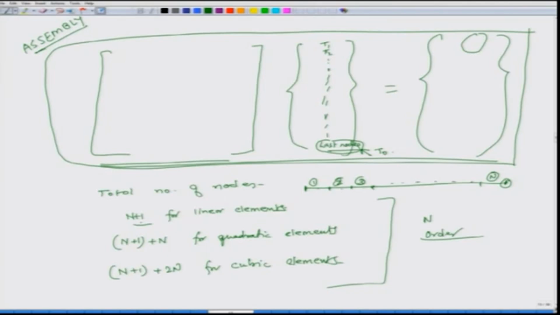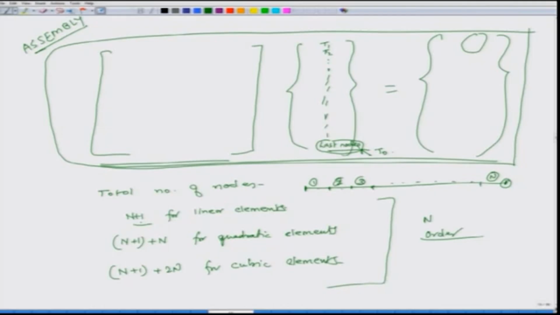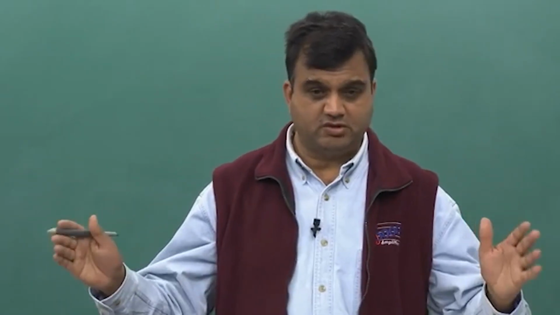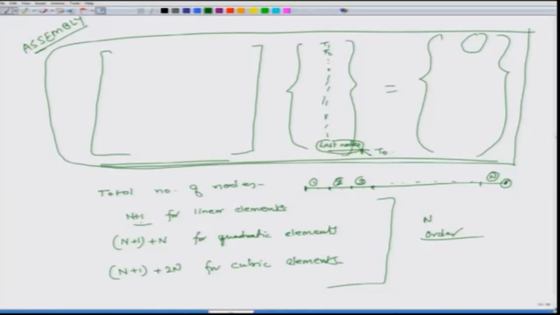So now, when we assemble, we capture the geometry and the phenomena, and then at the assembly level we put in the boundary conditions. Then we have captured the whole physics of the problem. When we solve these equations, we calculate T1, T2, and so on, because the number of unknowns and the number of equations are the same.